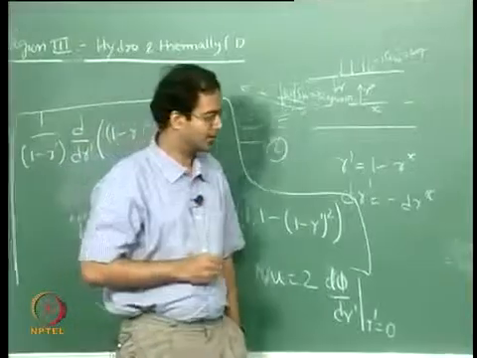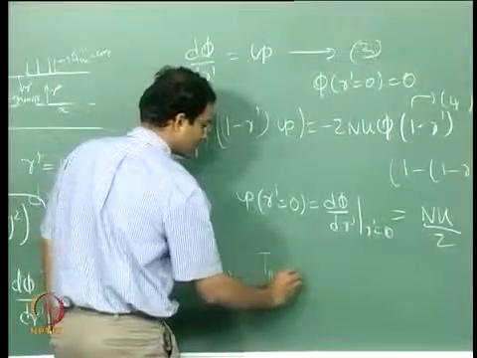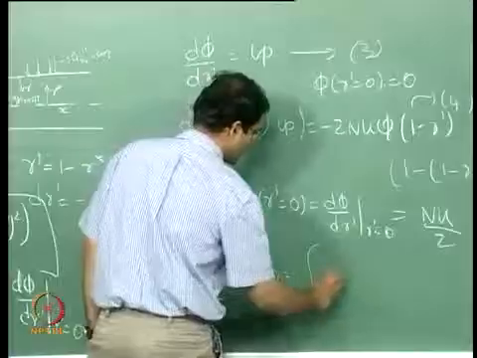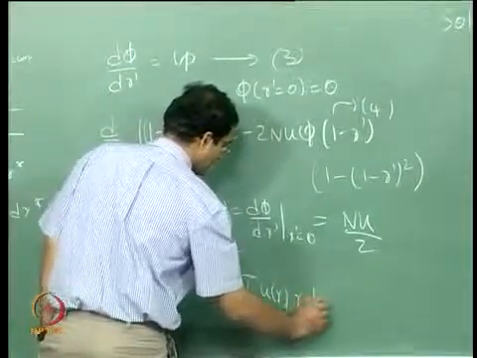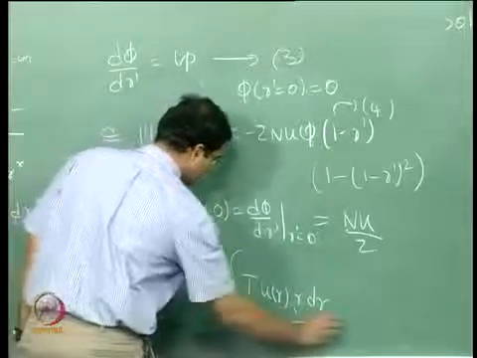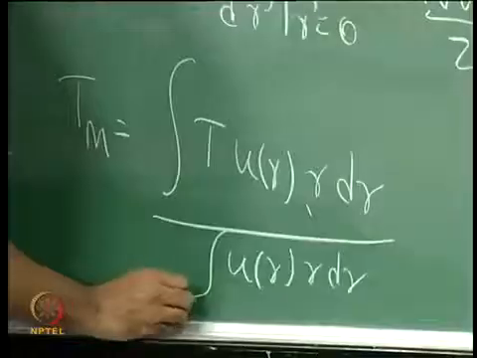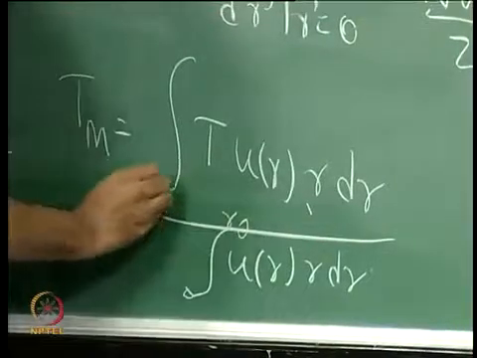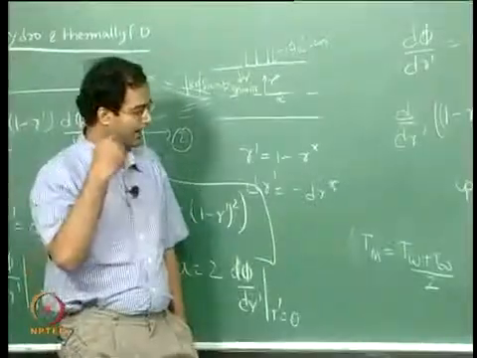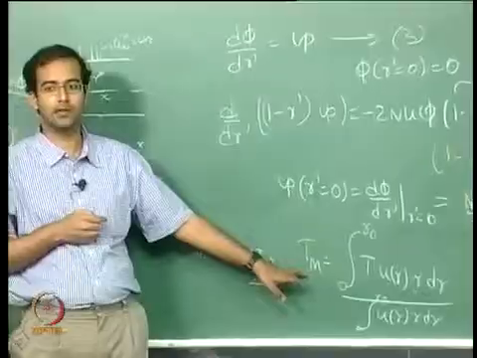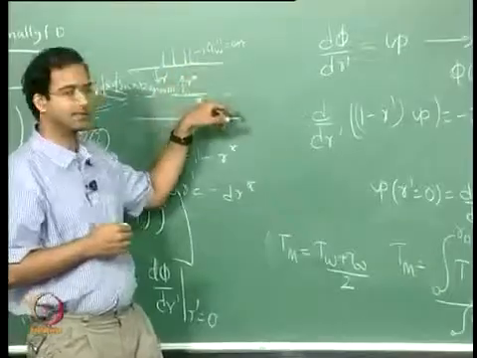In the case of internal flows, we defined a T mean based on your mass weighted average for temperature, integral of U of r T dr divided by integral U of r dr, from 0 to r naught. So you have to calculate the properties based on this mean temperature, and this temperature varies from the wall till the center line.